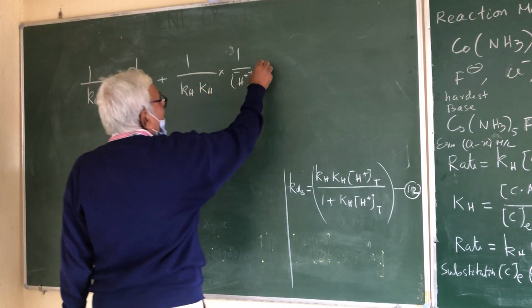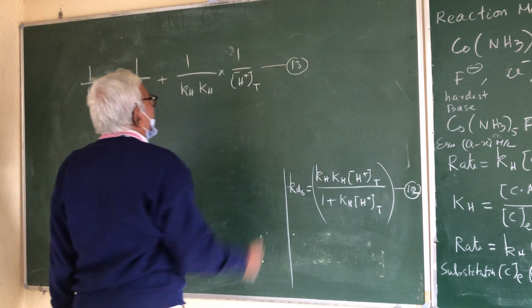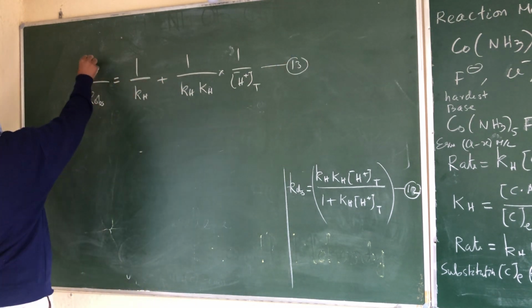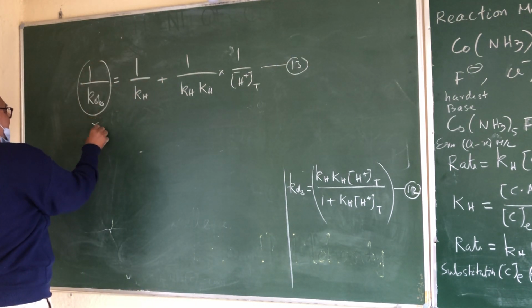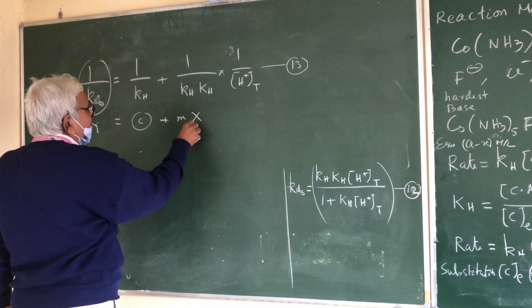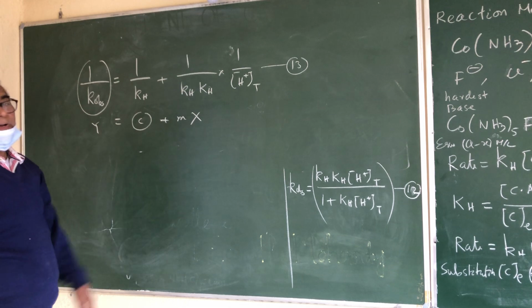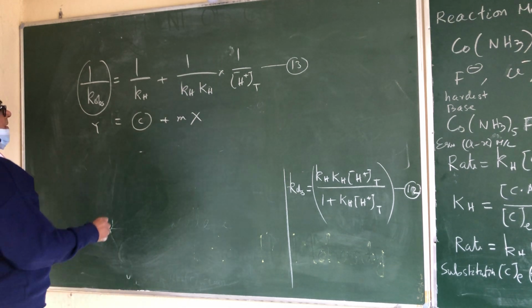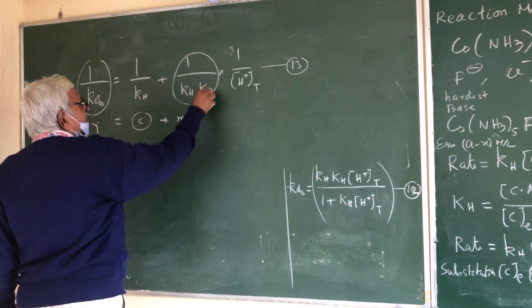This is equation 30. So this is y, this is c, and this is mx. This is of the form y equal to mx plus c. This term is m, and this term is c.